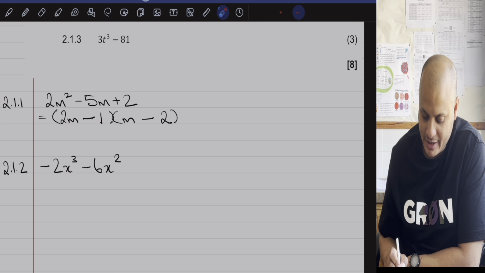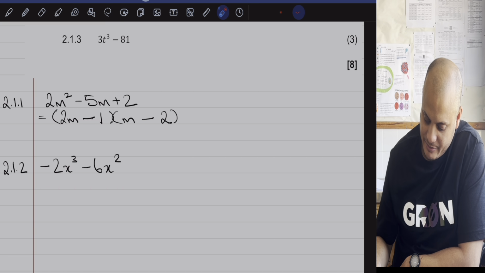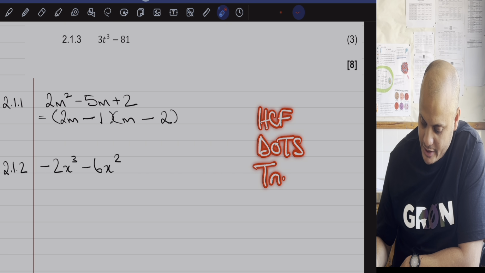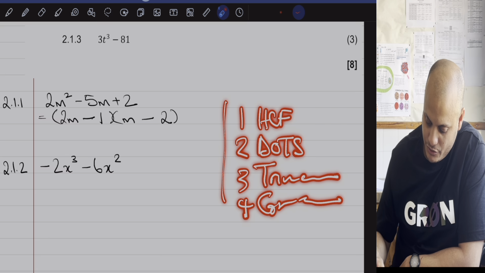It does not look like a trinomial. So you would default back to those steps, meaning you would check first, is there an HCF? If not, is it a difference of two squares? If not, is it a trinomial? If not, is it grouping? So you'll go through these in that order.